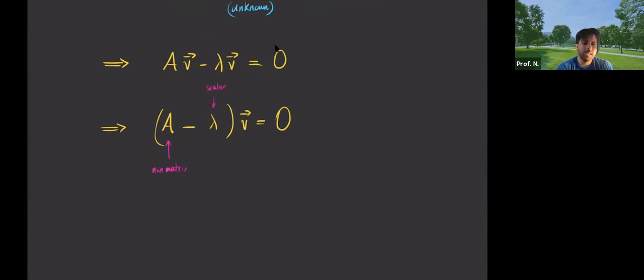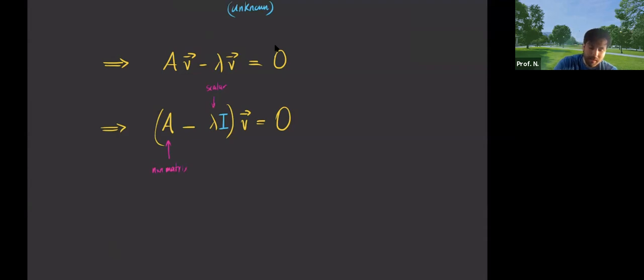And this is where things get kind of interesting. Lambda times the unit matrix, the identity matrix. That's what's missing, guys. There's an identity matrix that has to appear. And you need to think about, why is that true?